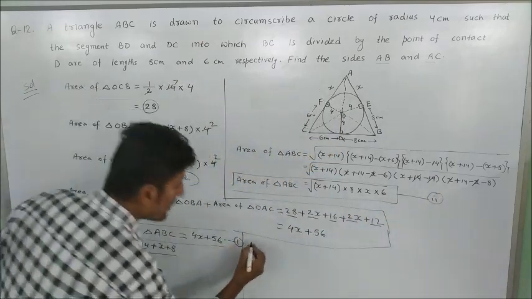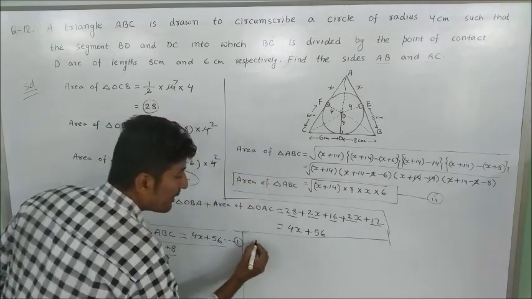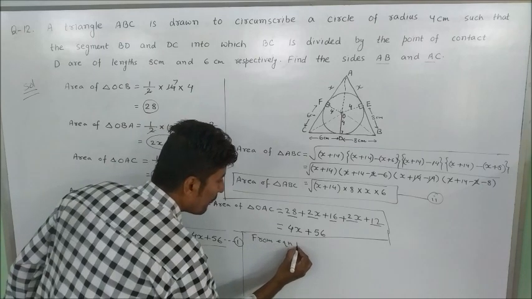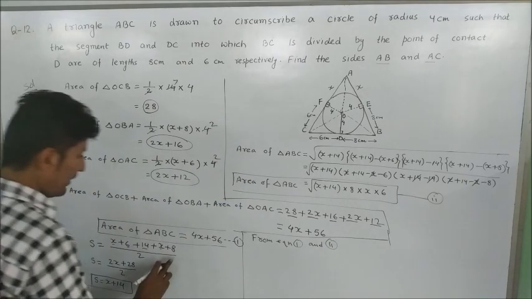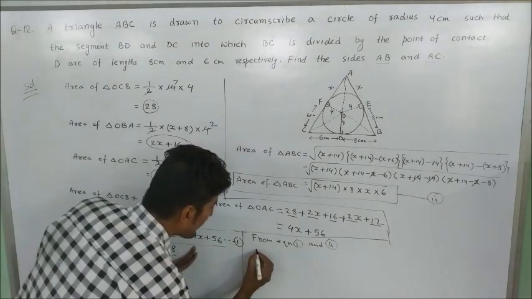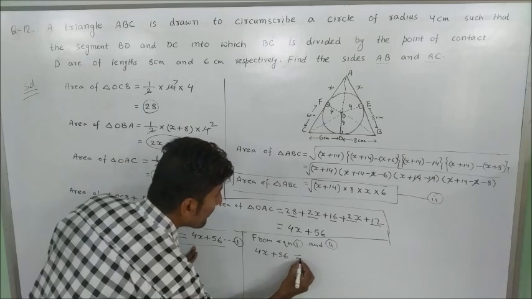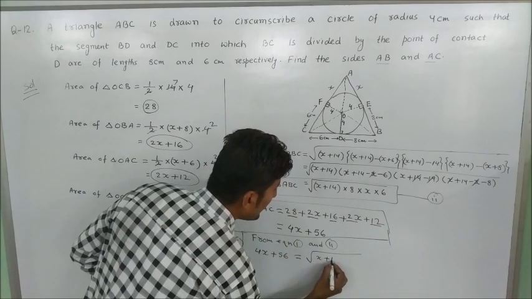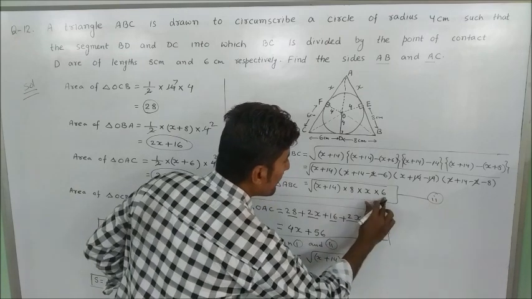Now from equation 1 and 2 we can write here 4x plus 56 is equal to under root (x plus 14) multiplied by 8 into 6, 48x.